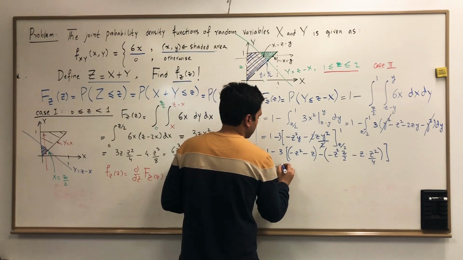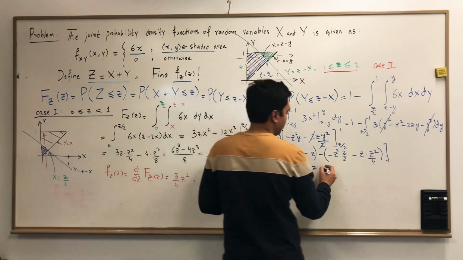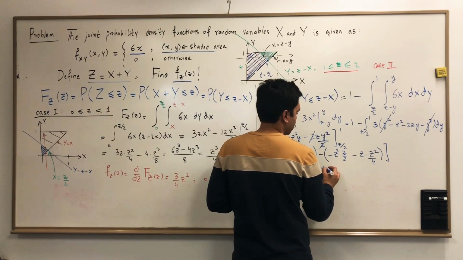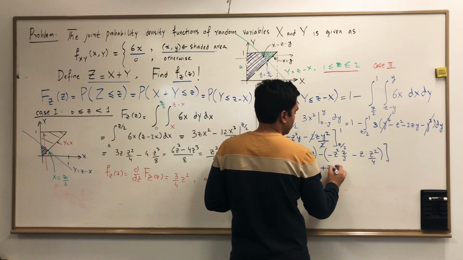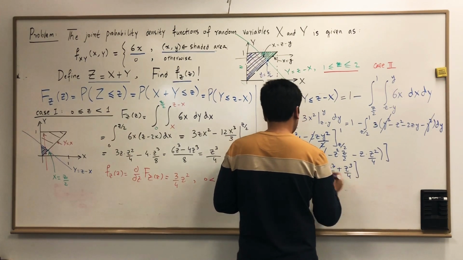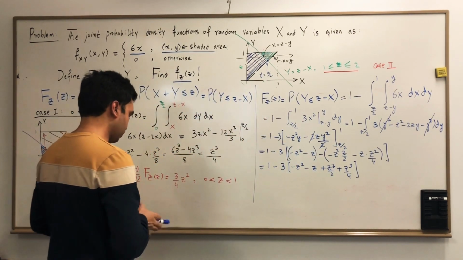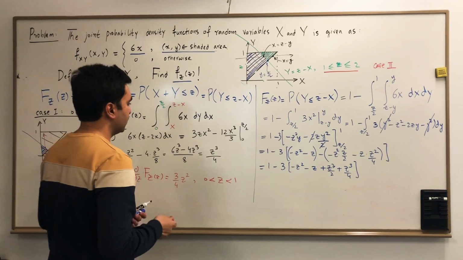So this will be 1 minus 3 times minus z squared minus z plus z cubed over 2 plus z cubed over 4. And the rest is just differentiating this with respect to z to obtain the density function.